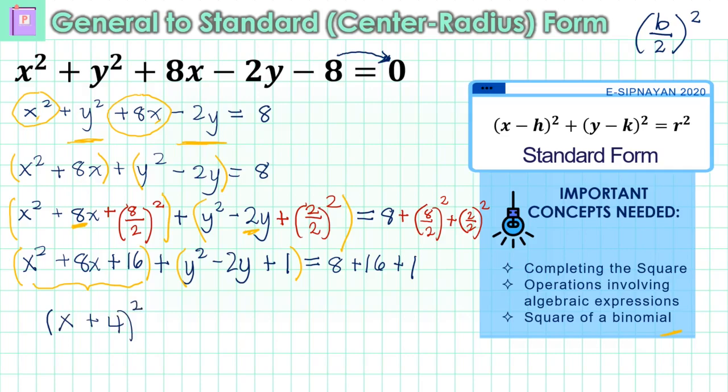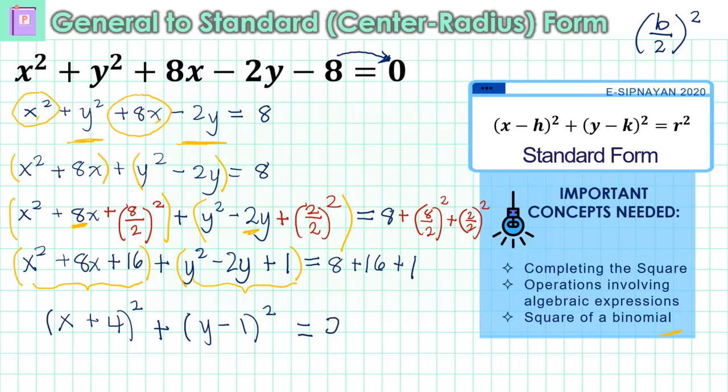Likewise, we need to factor the terms with y variable. And when we factor that, the result will become y minus 1 squared. And then again, do not forget to copy the operation addition. Lastly, let's now simplify the right-hand side of the equation by adding all the constants. That will be 8 plus 16 plus 1.